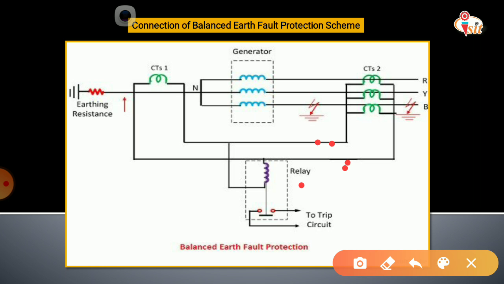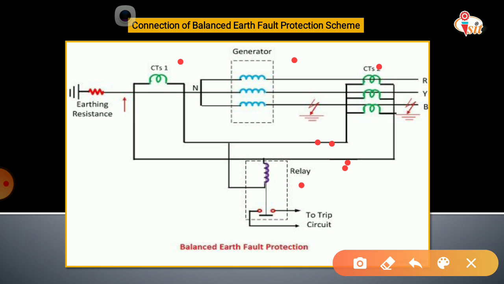So as its name indicates, it will give protection against the earth fault. Here two sets of CTs, that is CT1 and CT2, are used. Here is the generator. We have to protect the generator against the earth fault.